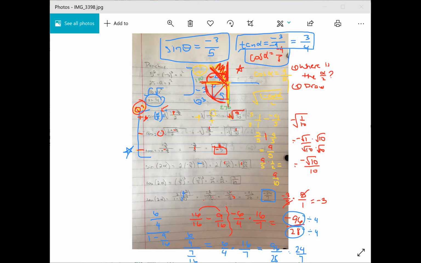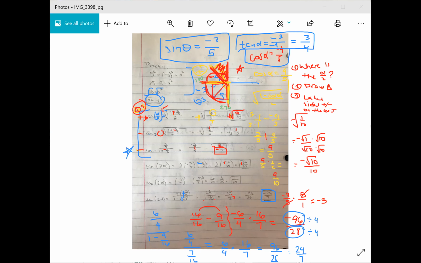You can draw your triangle and then label the sides based off of positive or negative on the axis. Then you're going to have your cosine, tangent, and sine.